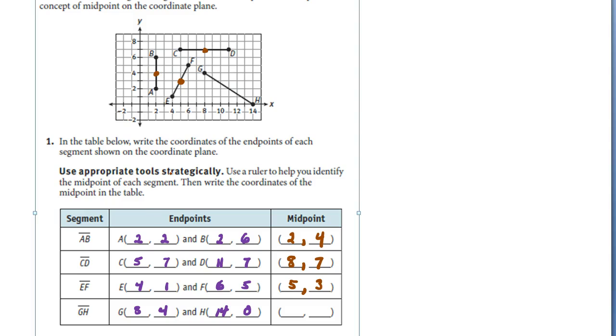And finally, segment GH. That's right here. And it looks like the middle is this spot here. That's over at 11 and then up to 11, 2. So this chart contains the endpoints and also the midpoints of all of the segments on that graph.